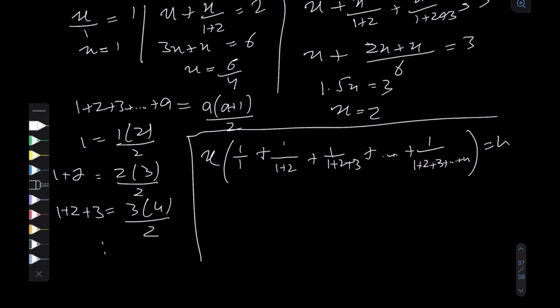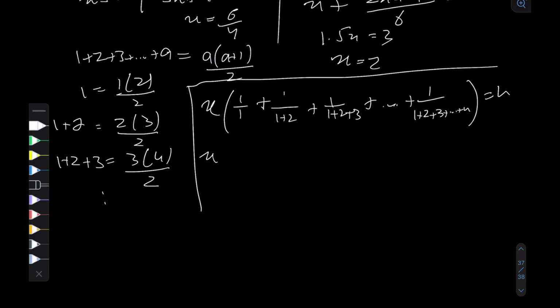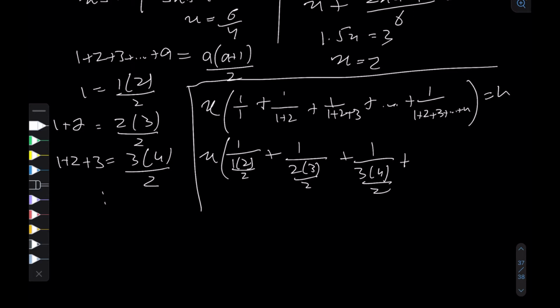And what we can do is replace all the pluses in the denominator with 1 multiplied with 2 divided by 2, and then for 2 it would be 2 multiplied with 3 divided by 2, and then 3 multiplied with 4 divided by 2, and this pattern continues up to n multiplied with n plus 1 divided by 2, and of course this should equal n.